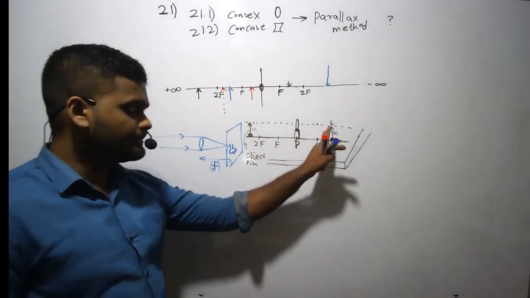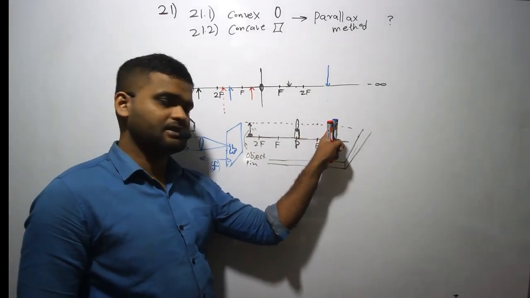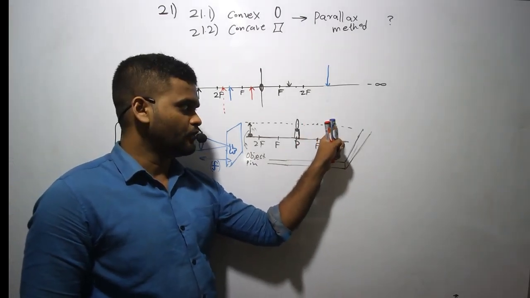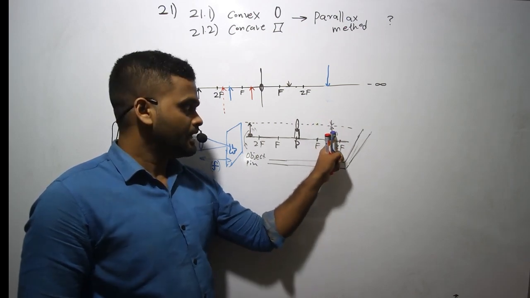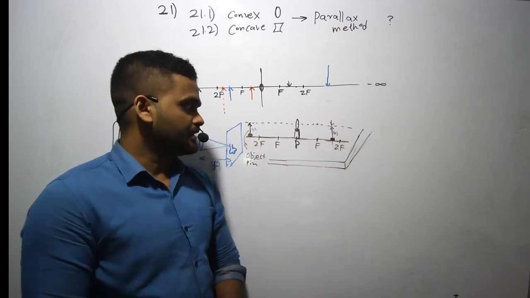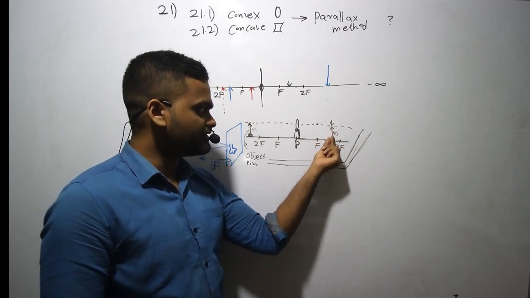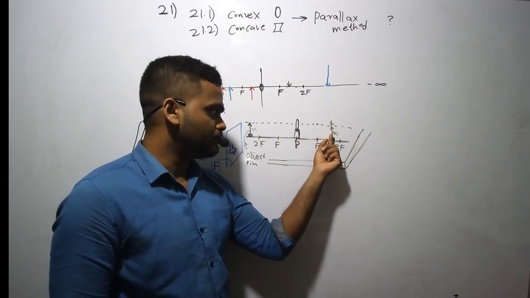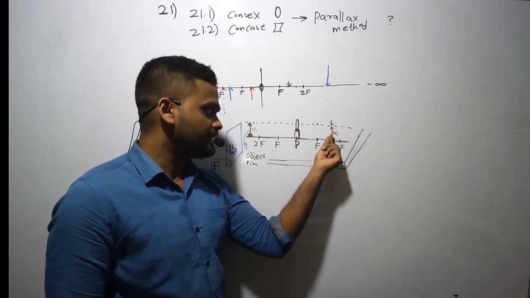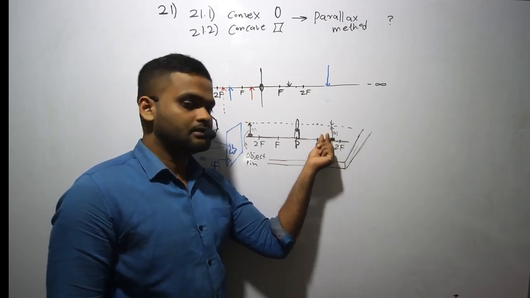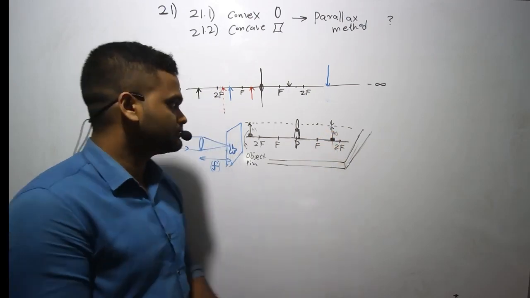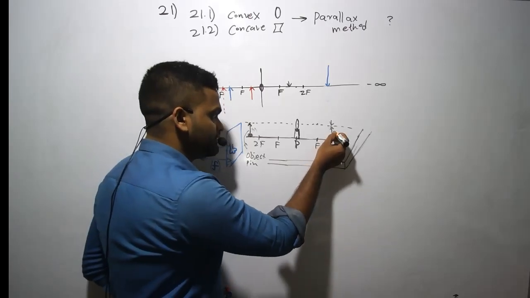To exactly position that, you don't see these images, right? Here, you don't see an image like this. But using the no parallax method, you can find the position of this image by positioning this pin, let's say image pin. Sorry, it is called the observing pin, right?